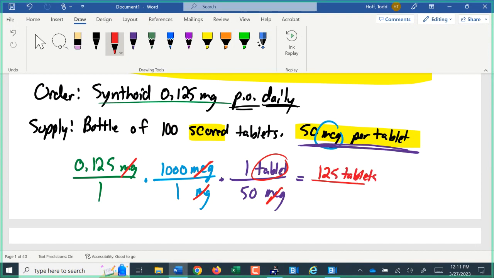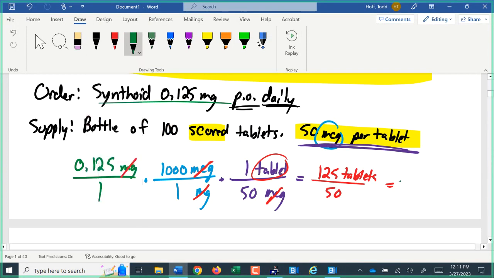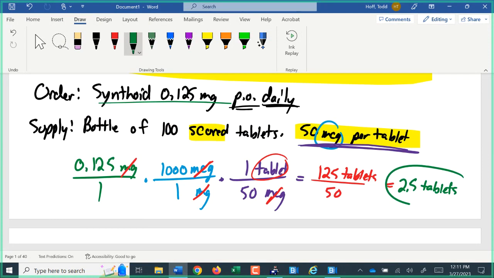On bottom, 1 times 1 times 50 is 50. 125 tablets divided by 50 is 2.5 tablets. So again, we have to round this to the nearest 1/2 a tablet. 2.5 is on a 1/2 tablet. So that's 2 1/2 tablets that we're going to administer to the patient.